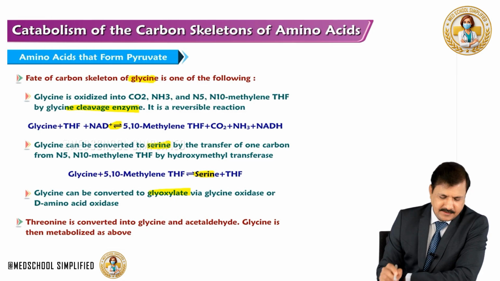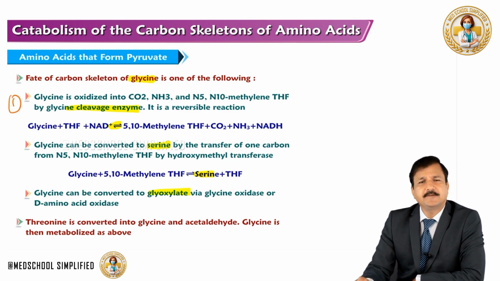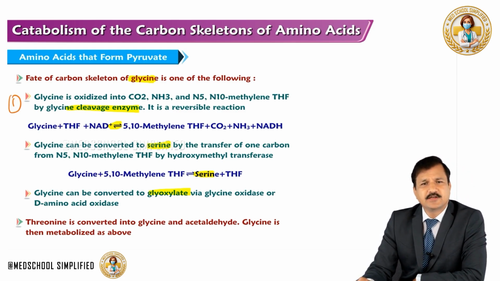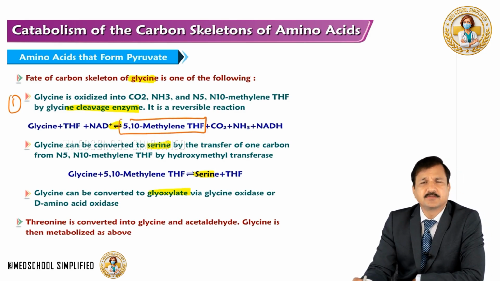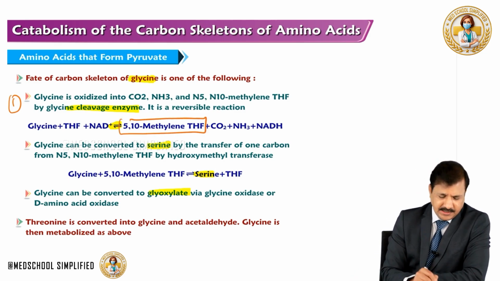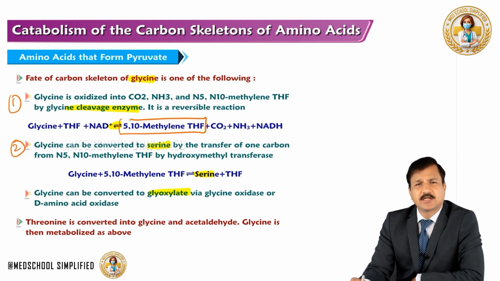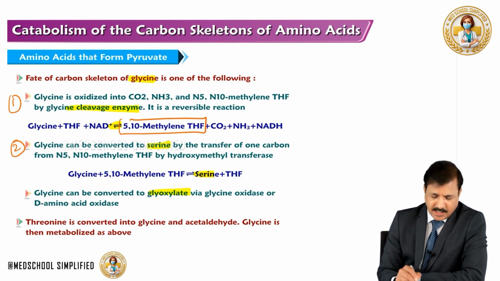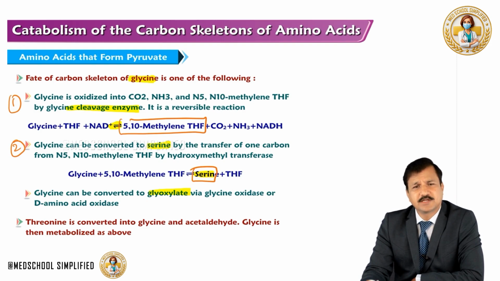Let me repeat that one more time. Glycine is oxidized completely by glycine cleavage enzyme, and in that process N5,N10-methylene tetrahydrofolate is made. The second fate is that glycine is converted to serine by serine hydroxymethyltransferase enzyme, with the carbons of glycine going into formation of serine.